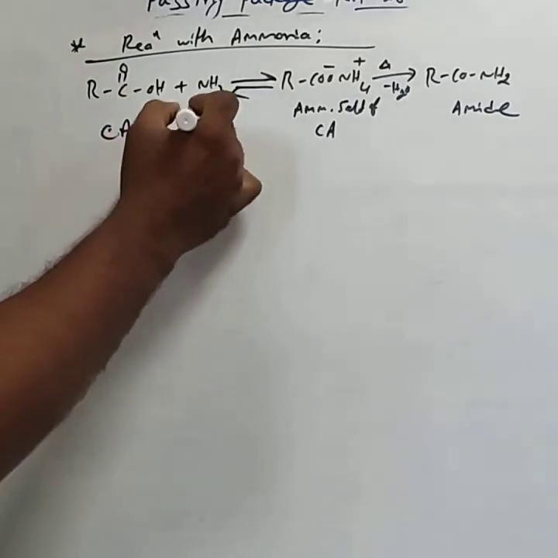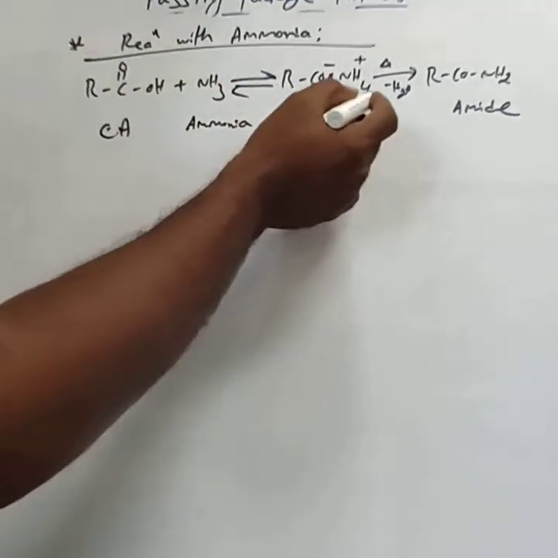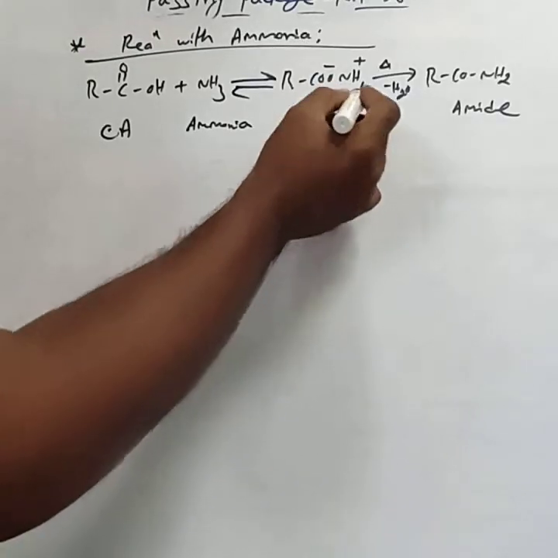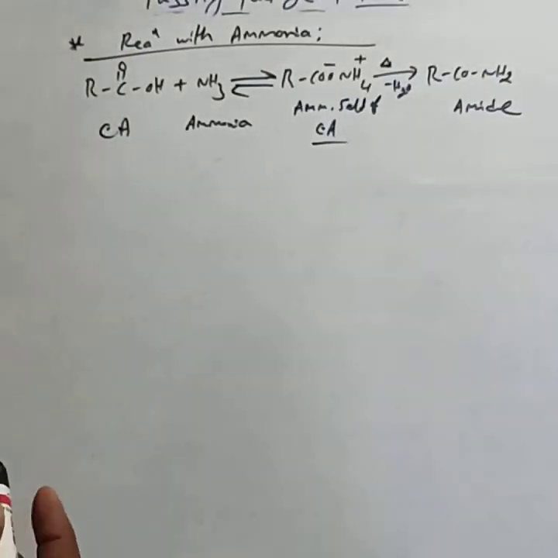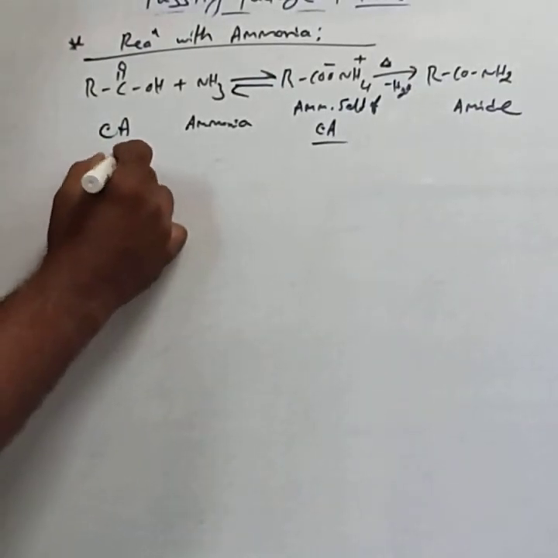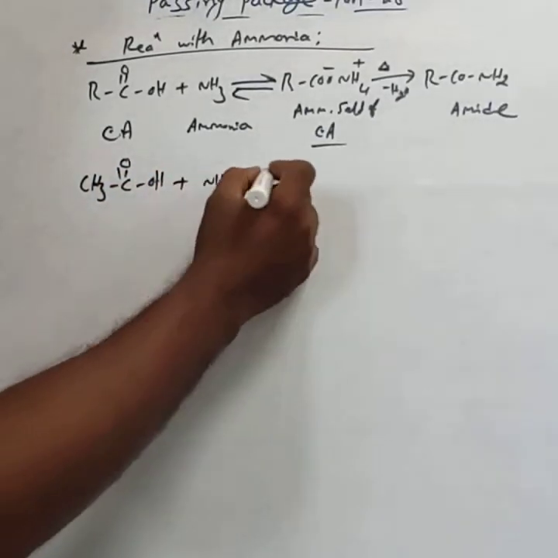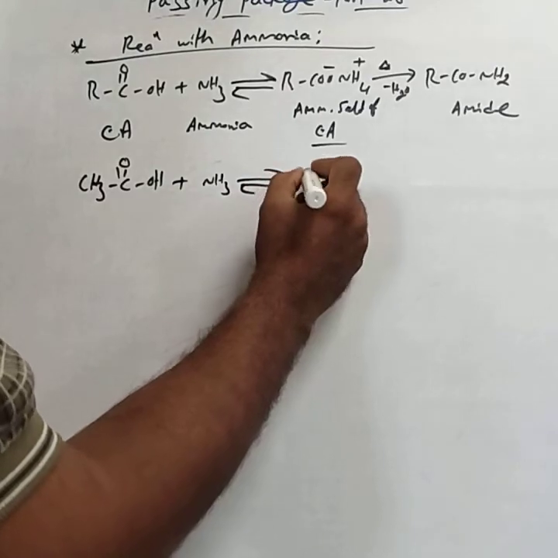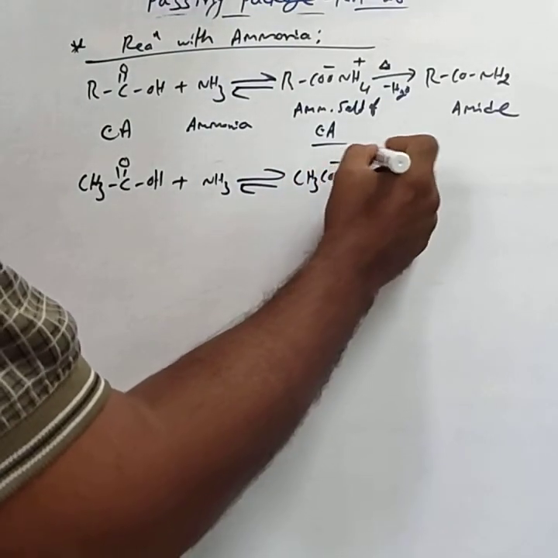Carboxylic acid reacts with ammonia and the ammonium salt of carboxylic acid is formed. Upon heating, amide is formed. For example, take CH3COOH, acetic acid, which reacts with ammonia. Then we get CH3COO minus NH4 plus.